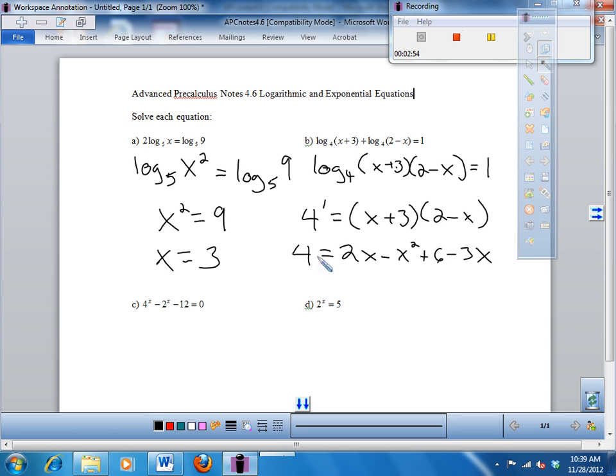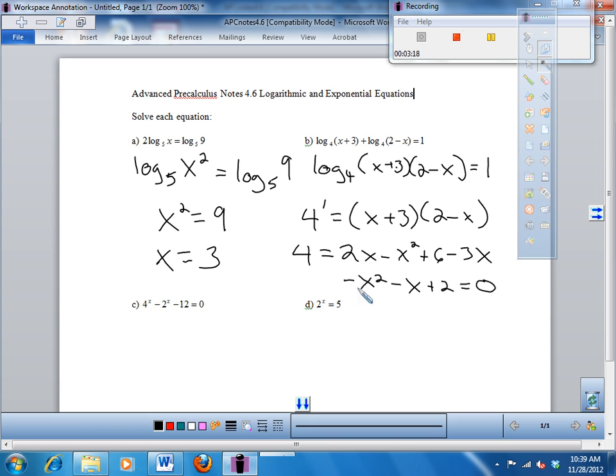Then I want to get everything on one side and write a quadratic. So I get negative x squared, 2x minus 3x minus x, and 6, and I'm going to bring this 4 over here, minus 4, plus 2 equals 0.